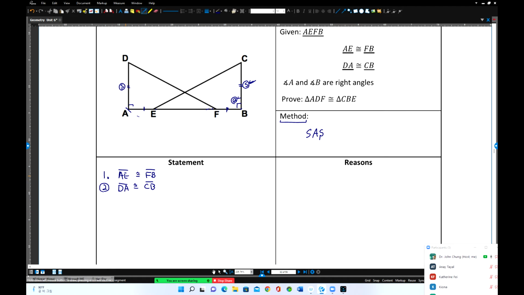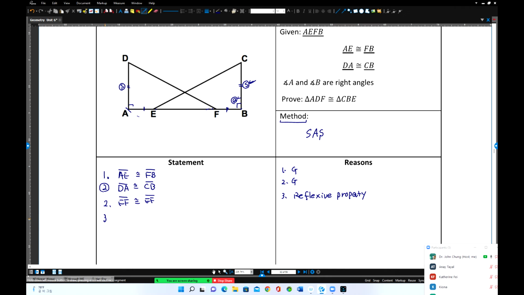So we're going to complete number 1, AF equals EF, okay? So you're going to add EF over here and EF to the other side. That must be congruent. So this is a given. The second is also given. The third one is the reflexive property.